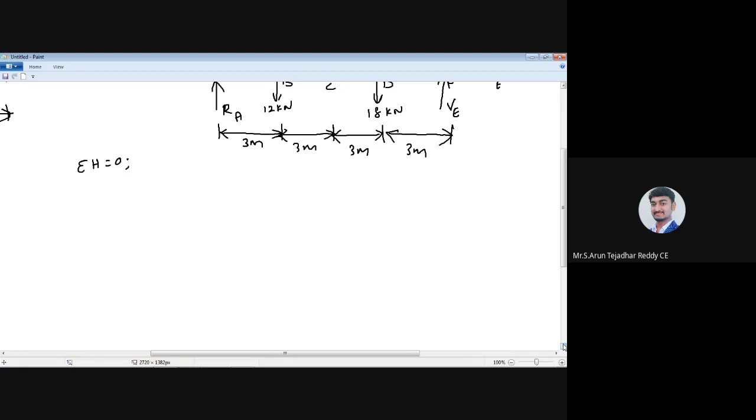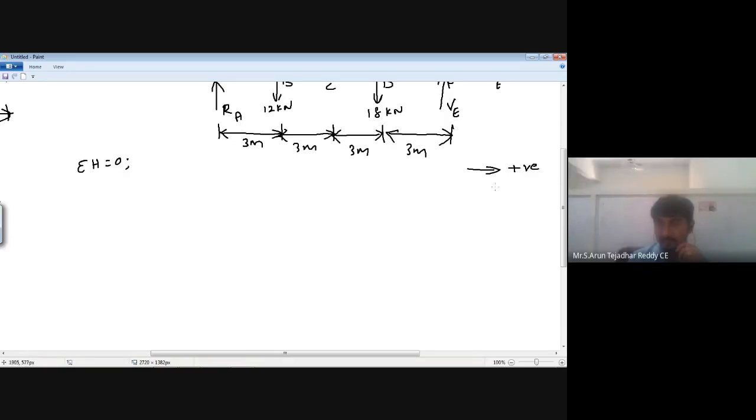And don't forget about the directions: right side positive, left side negative, upward positive, downward negative. While calculating the moments, clockwise is positive and anti-clockwise is negative. So don't forget about the directions.